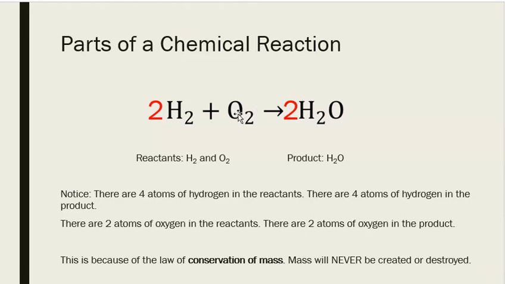This is called the law of conservation of mass. Mass can never be created or destroyed, so if we start with 2 atoms of oxygen, we have to end up with 2 atoms of oxygen.